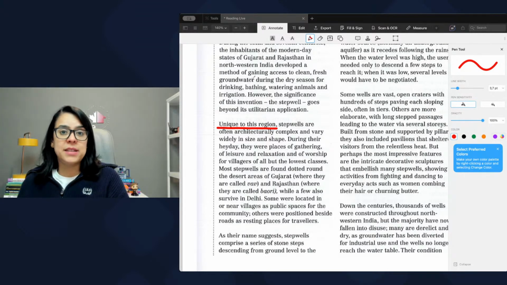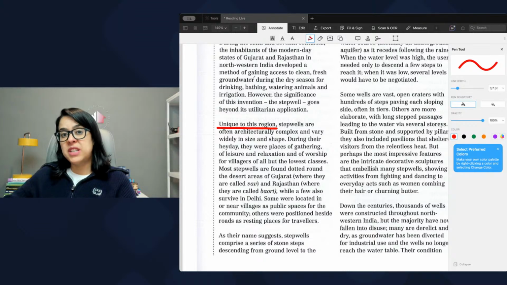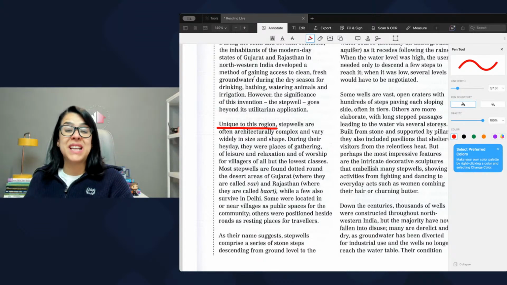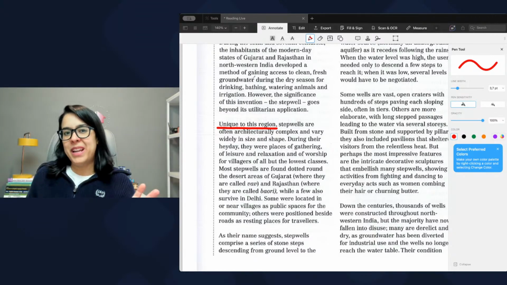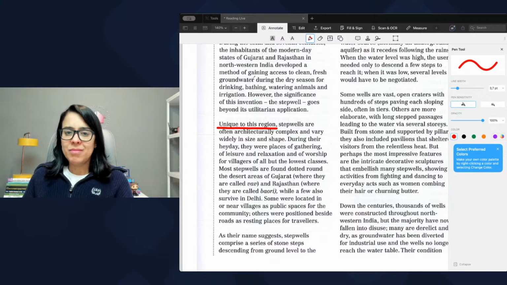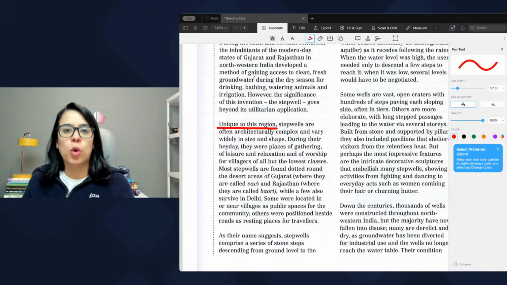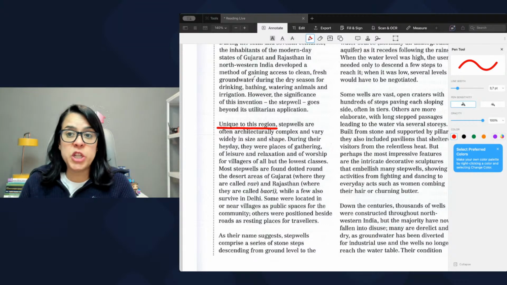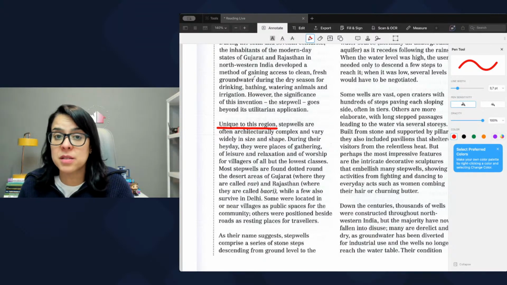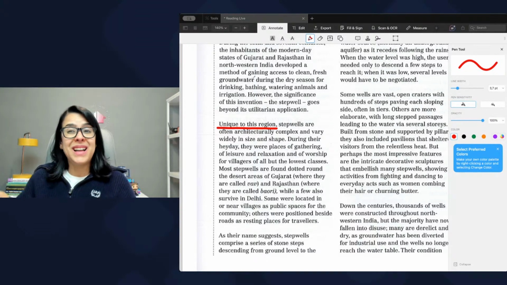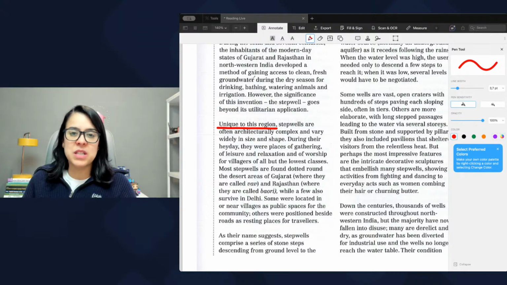When you locate the keyword, or something similar to the keyword, or sometimes an antonym to the keyword, which is the case here, unique to this region is the opposite of all over the world, right? So unique to this region, stepwells are often architecturally complex. So I already know that stepwells can only be found in India, right?